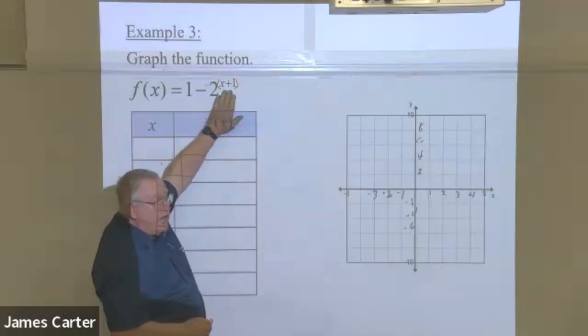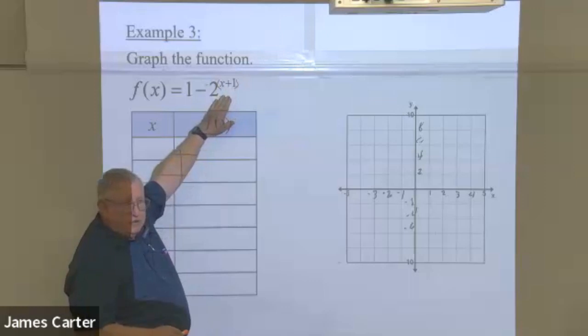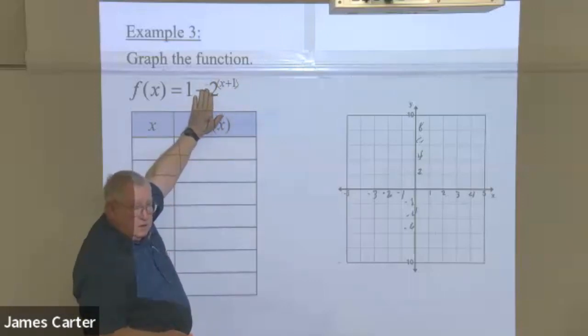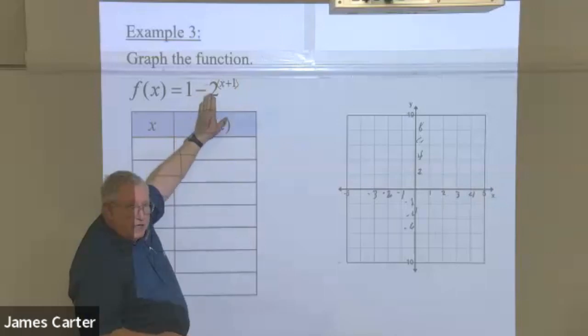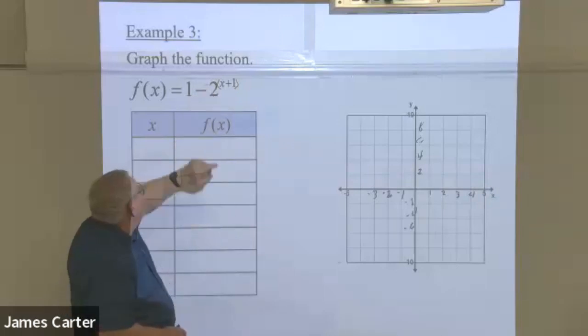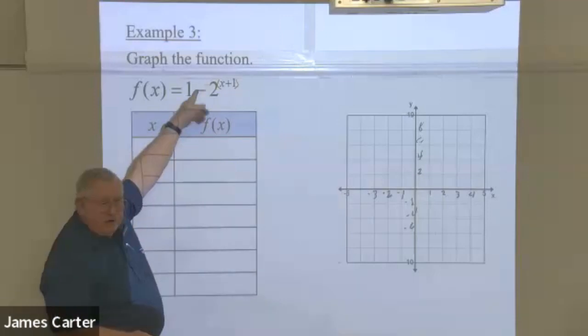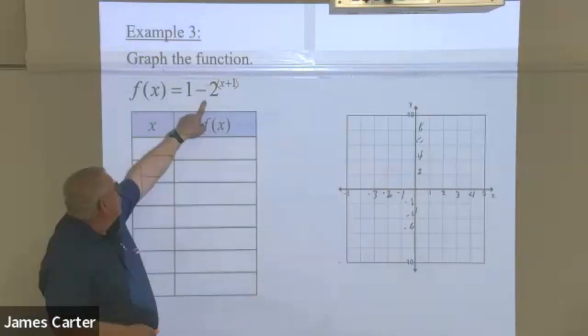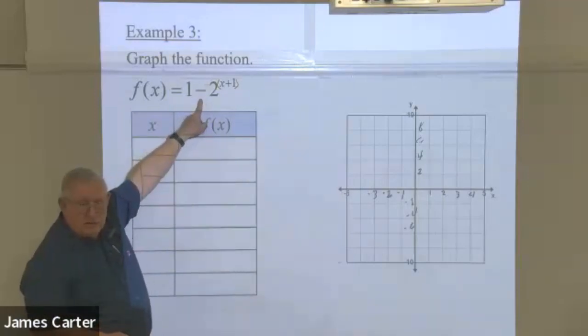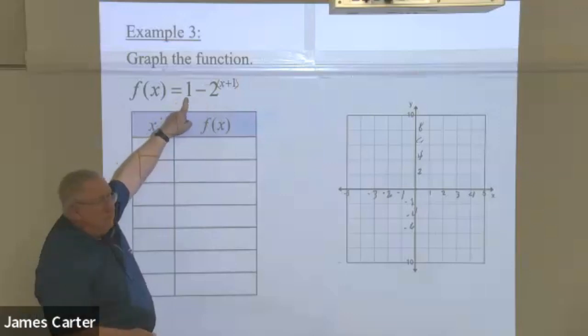So that means we're going to have a one shift to the left, opposite sign, of the 2 to the x graph. Then we're going to flip it upside down. That's what that minus there is going to do. Then we're going to move it up 1.